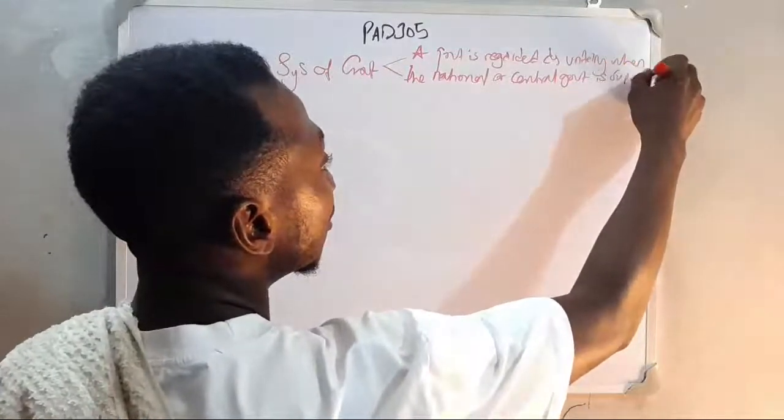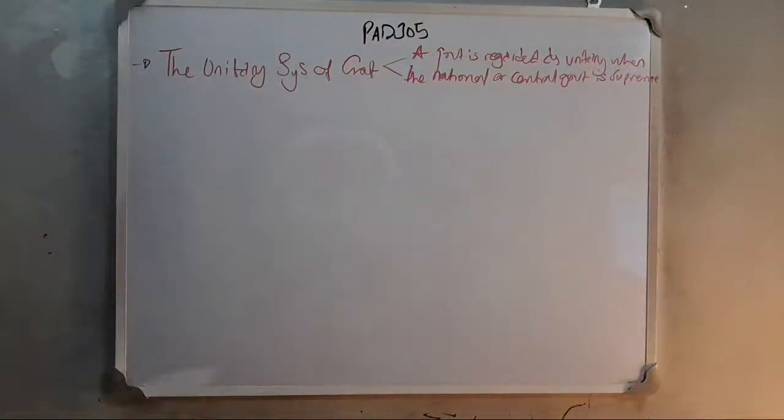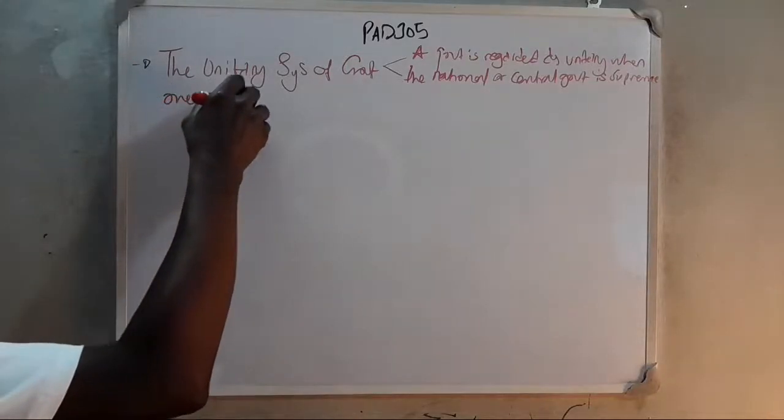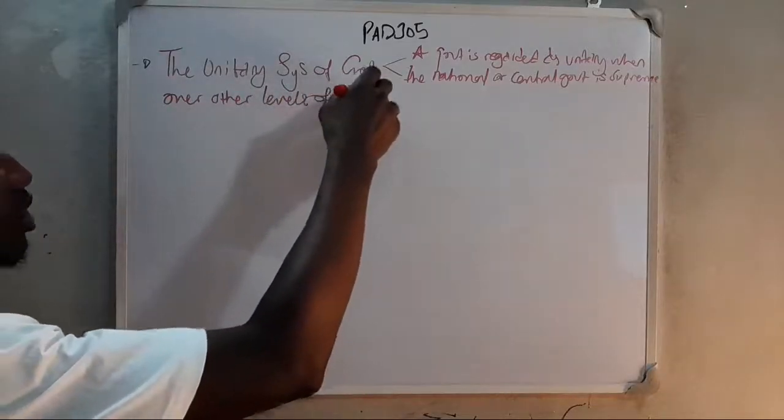Central or national government is supreme over other levels of government.